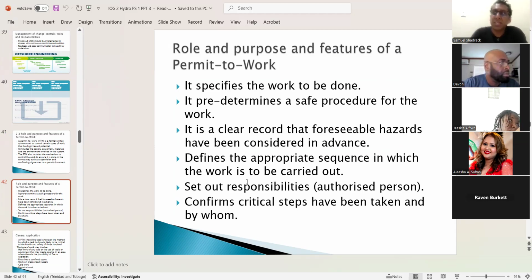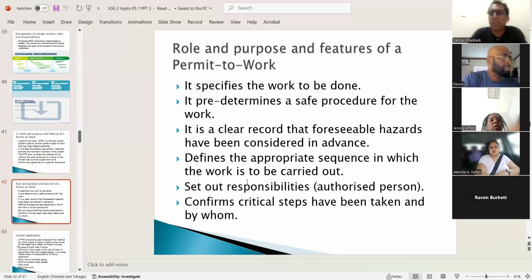It doesn't make sense to put a safety person as the authorized person if that person is green. If you are in operations and you have had years of experience with vessels, tank entry, whatever it is, then that person may be best put as the authorized person.